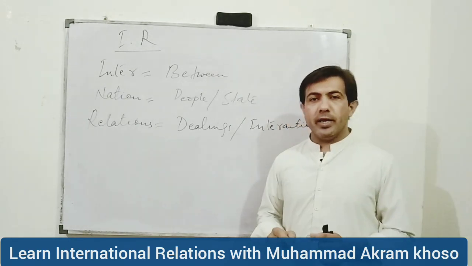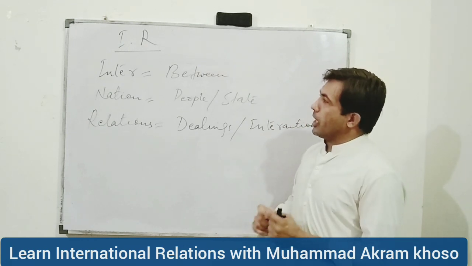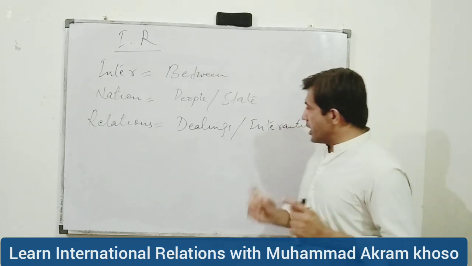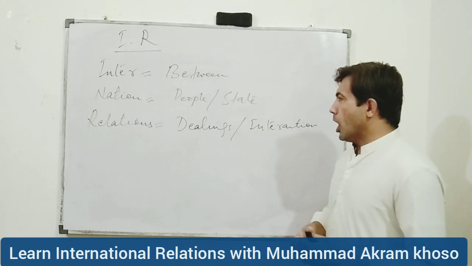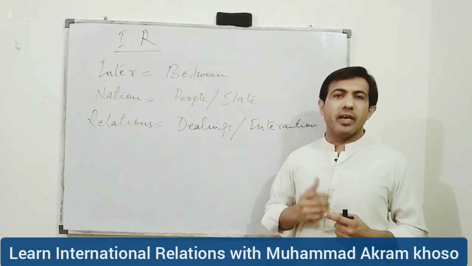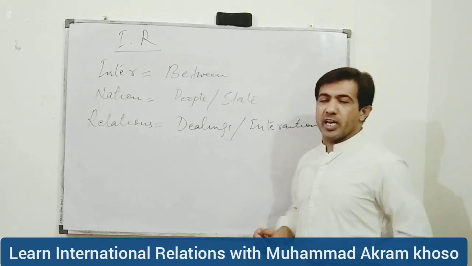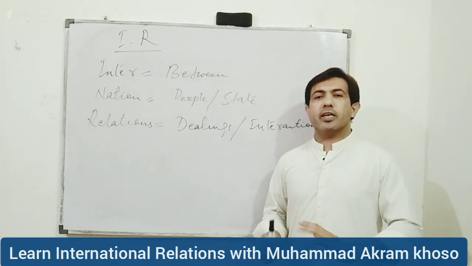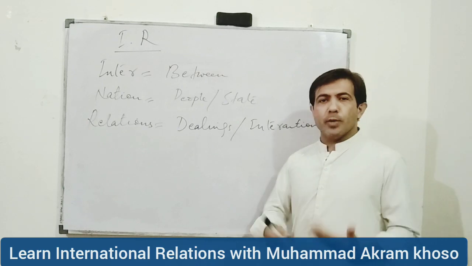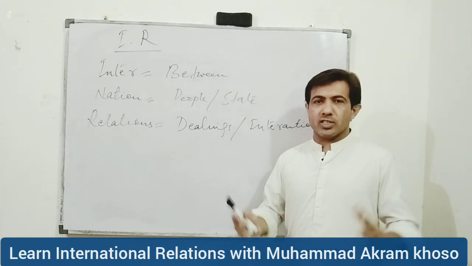Simply or literally, the meaning of IR is the dealings or interaction, the relations between nations or between the states. It's the literal meaning of international relations, that IR is the relationship or the dealings between the states.